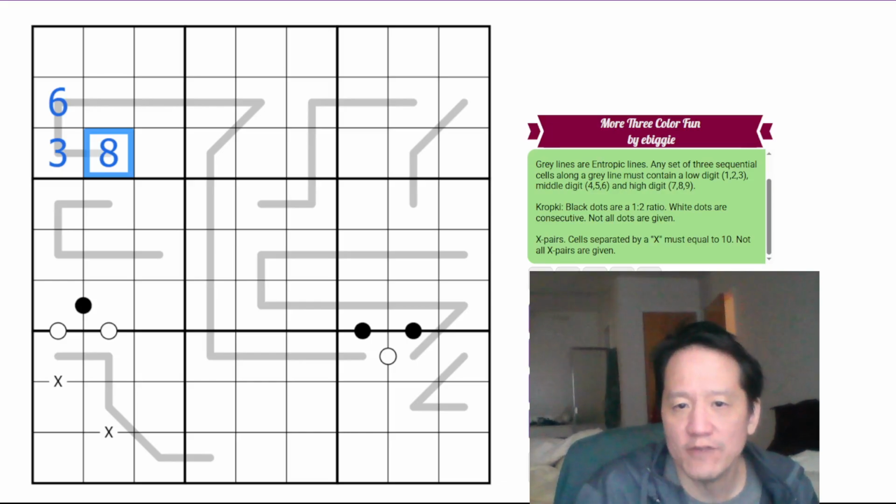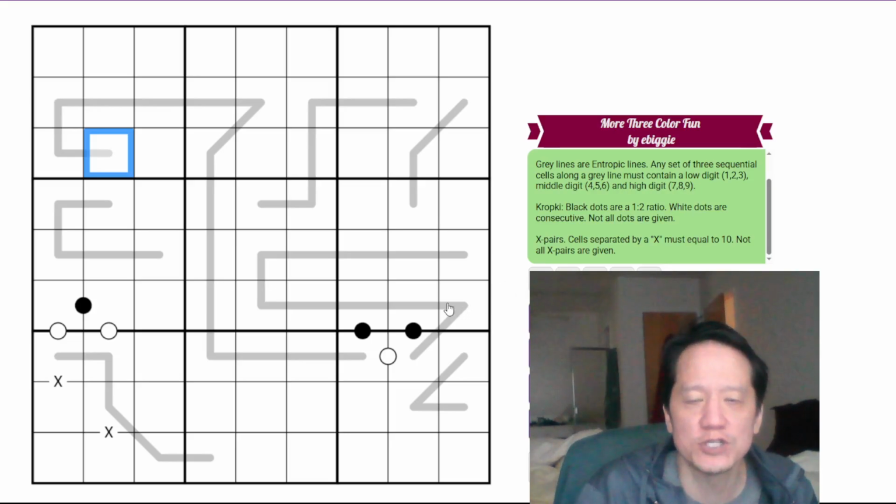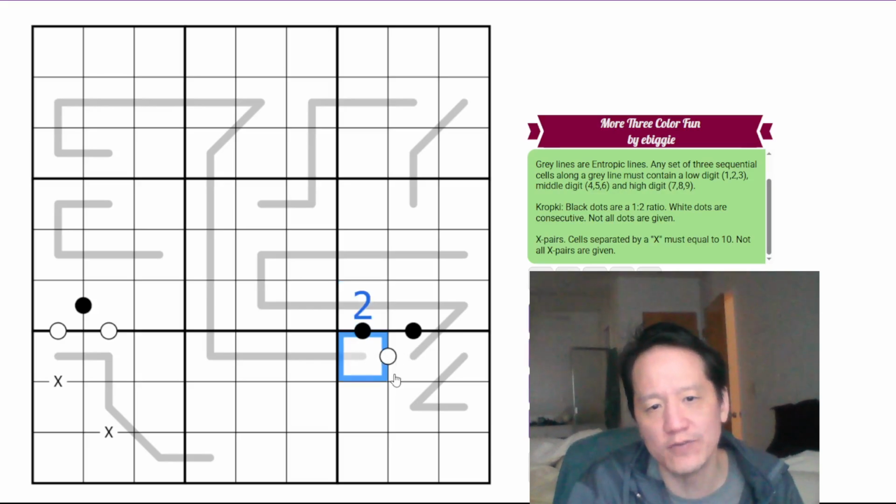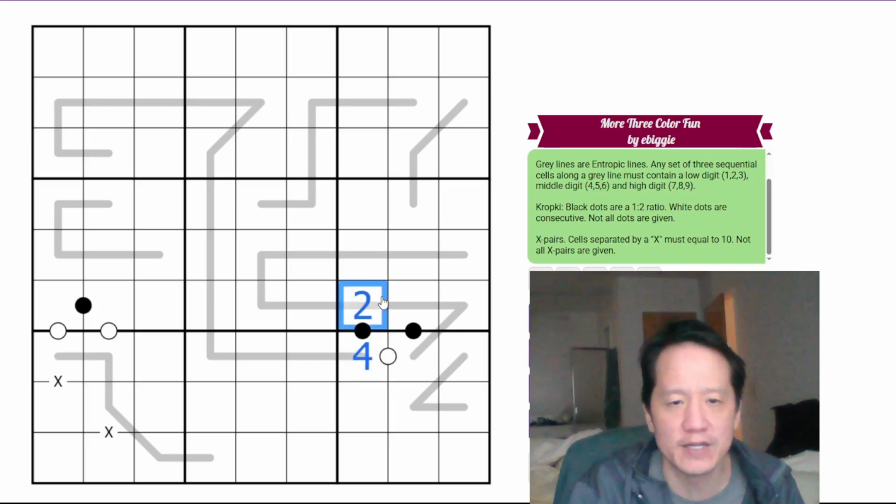We also have Kropki dots, where black dots, I'm not a big fan of the way this is put, but black dots separate cells which have a 1 to 2 ratio between them. White dots separate cells that are consecutive. So, for example, if this were a 2, this would have to be a 1 or a 4 to maintain the 1 to 2 ratio between those digits, since they're separated by a black dot.